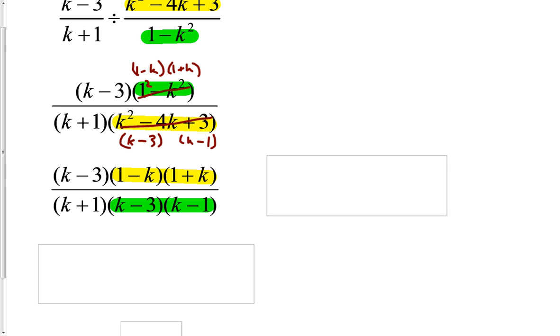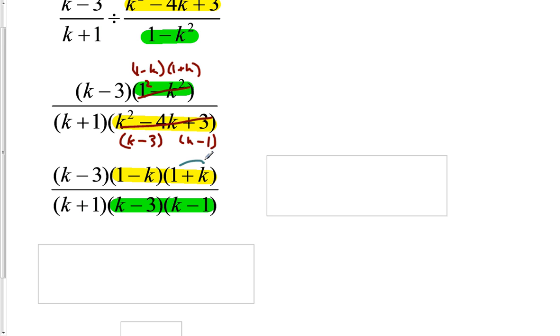At this point, we want to do our canceling. However, we have a little bit of an issue. We have the k minus 3 and the k minus 3 that can cancel, but everything else is close but not quite there. We have a 1 minus k, a k minus 1, a k plus 1, and a 1 plus k.